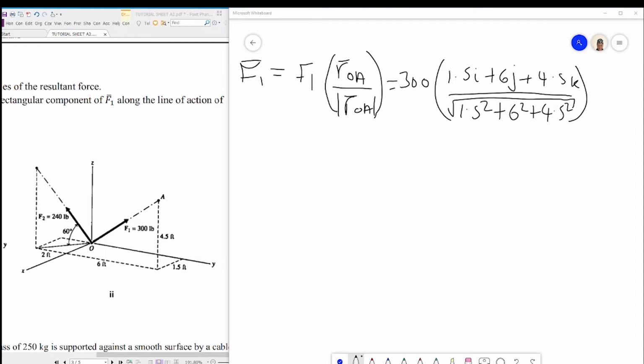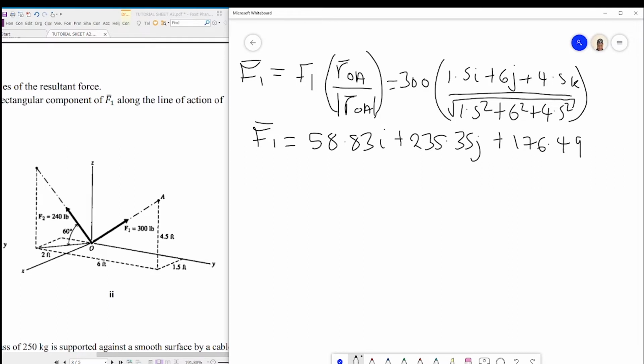So you have your F1 to be equal to 58.83i plus 235.35j plus 176.49k. All this is in pounds. Fair enough.